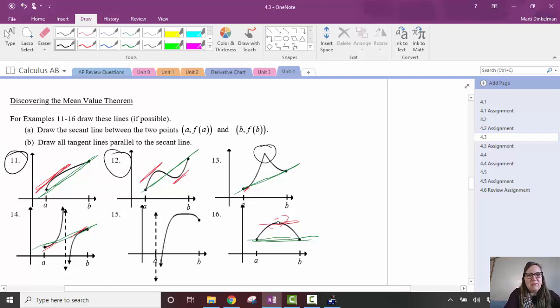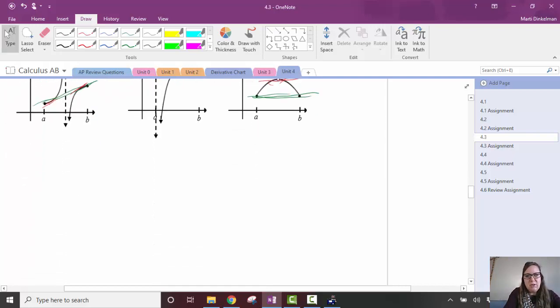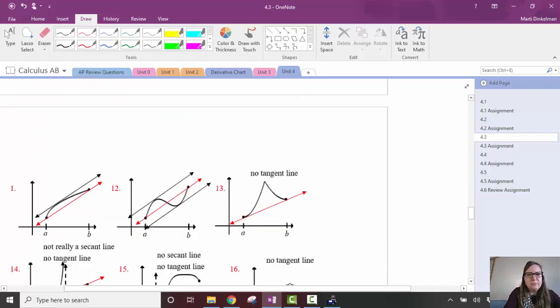So that's why we had a difficulty trying to draw the tangent line on 13. And then 14, again, we weren't quite sure, but again, there's a discontinuity there. So that makes that an issue. Another discontinuity and another discontinuity. So he's going to kind of talk about how our mean value theorem has to have functions that are continuous and differentiable.